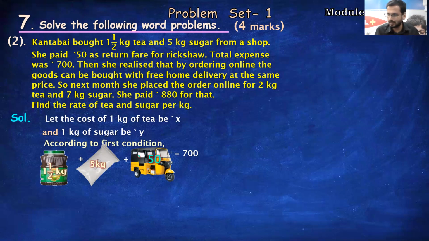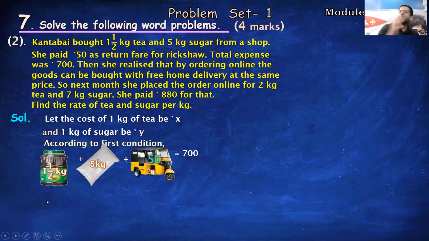Now students, tell me, let us say if the cost of one water bottle is 10 rupees, what should be the cost of two water bottles? It has to be 10 into 2, which is 20 rupees. What should be the cost of four water bottles? 10 into 4, 40 rupees. So let us say if the cost of 1 kg of tea is x rupees, then what is the cost of 1.5 kg of tea?